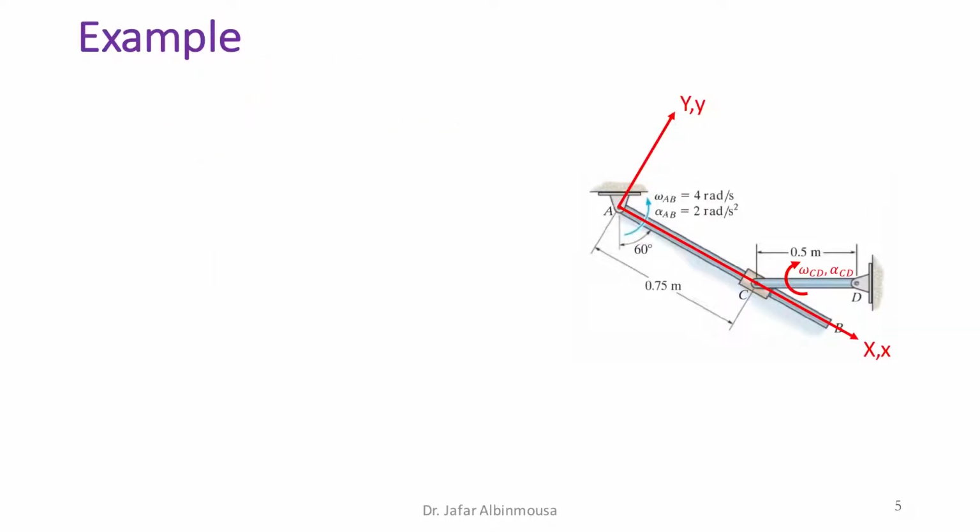Now, if I substitute the previous equation of VC with the first one, I will get the following. So in the first equation, we said VC is equal to VA plus capital omega cross RCD plus VC with respect to A.